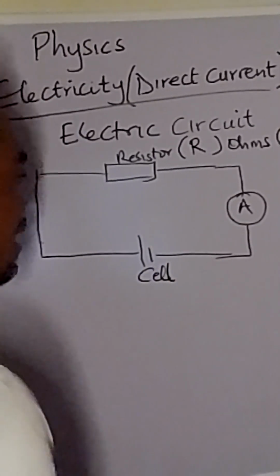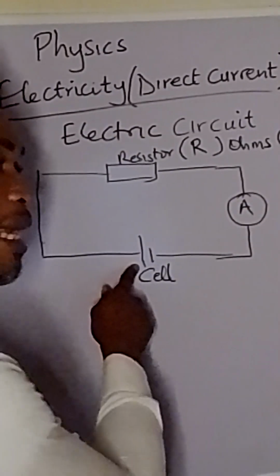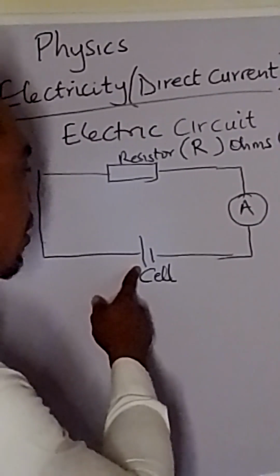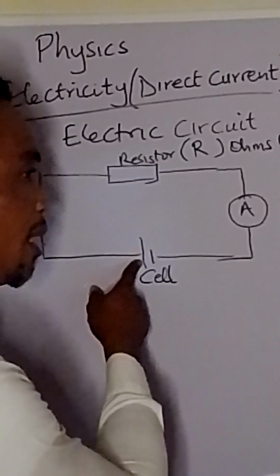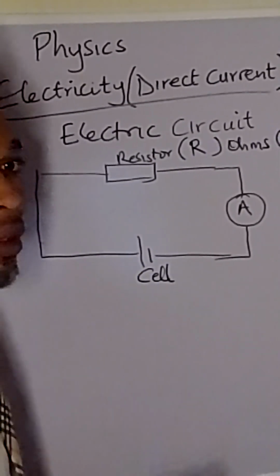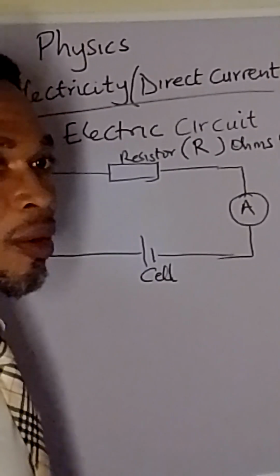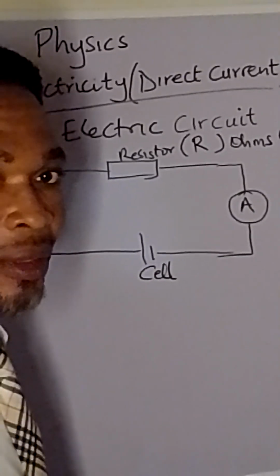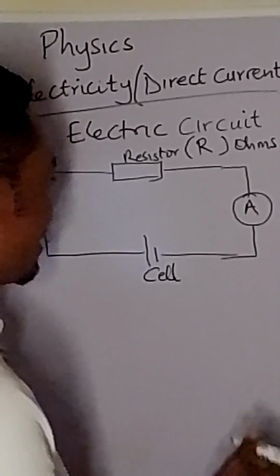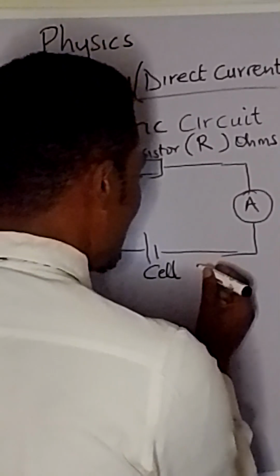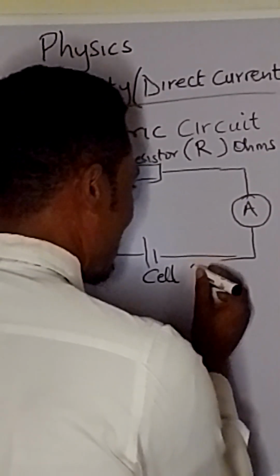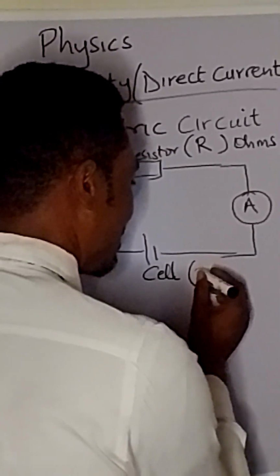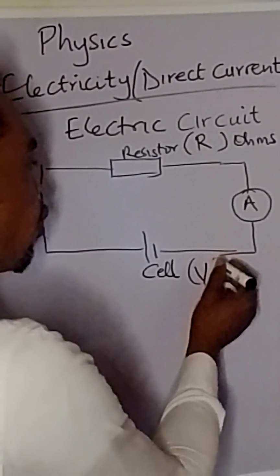What it means here is that only one cell is connected here, because this is denoting the positive and the negative terminal of a single cell. And the cell is what supplies the potential difference, which is measured in volts.